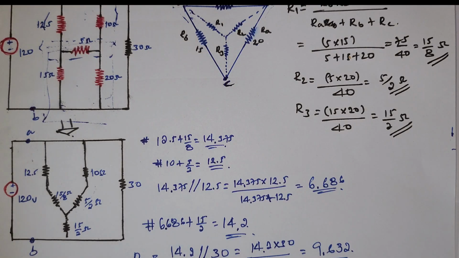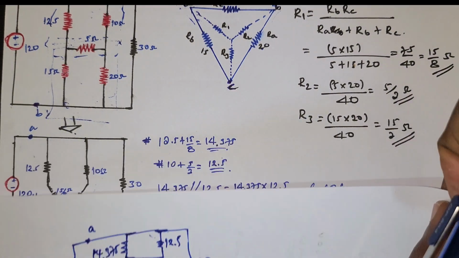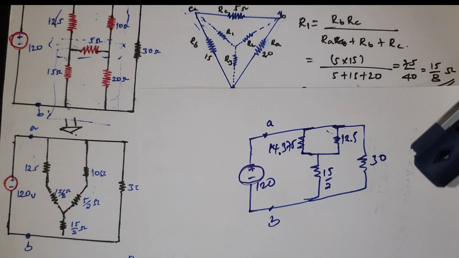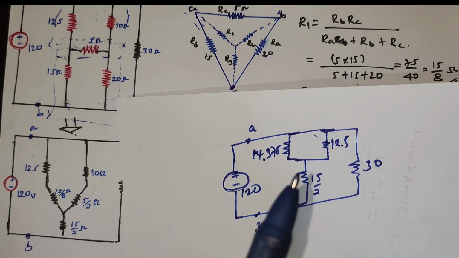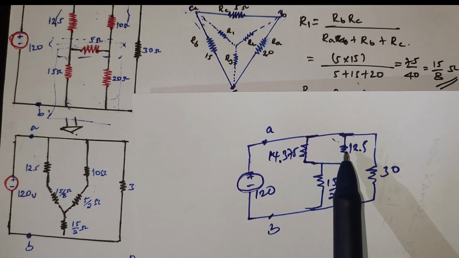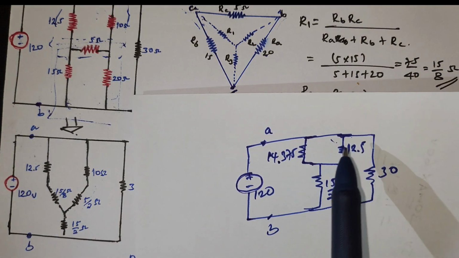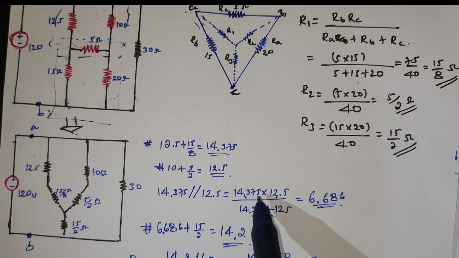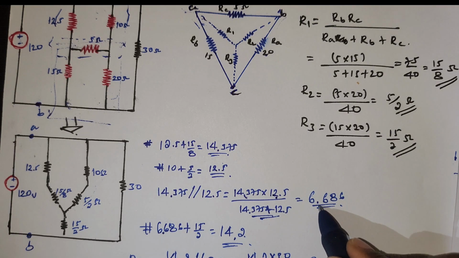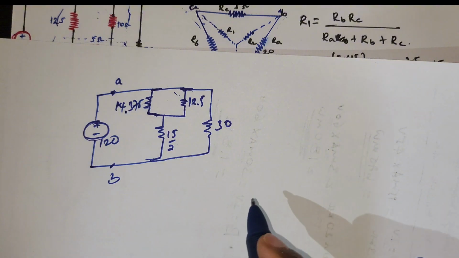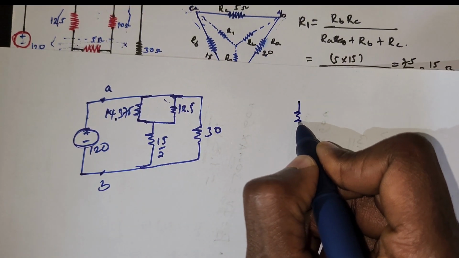To make it clear, the circuit is reduced into this form. These two are parallel now. To resolve for the resultant, we take the product of the two resistors divided by their sum, so the value will be 6.68.